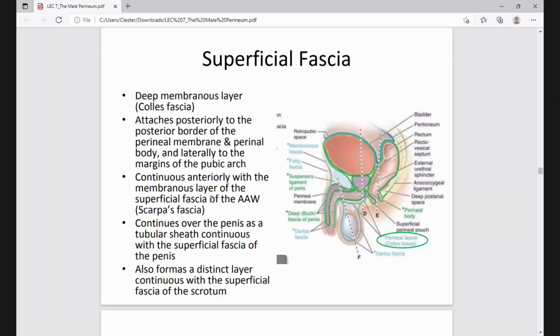It continues anteriorly with the Scarpa's fascia in the anterior abdominal wall, and it forms a tubular sheath, continuous with the superficial fascia of the penis. So it continues over the penis to form a tubular sheath around it. Ito, yung membranous layer or Colles fascia of the perineum.